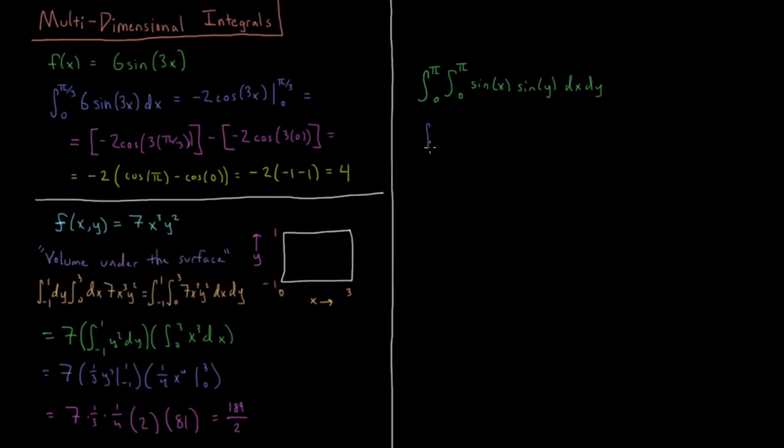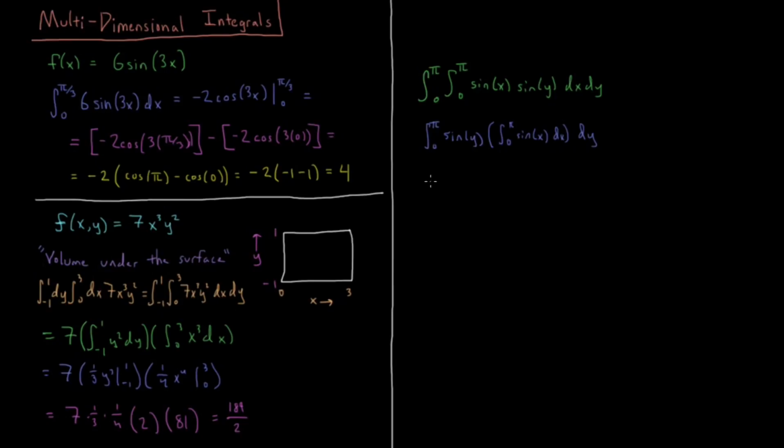So what I'll have is still the integral from 0 to pi. So the integral of sine is going to be minus cosine. So I still have my sine y part because that's a constant with respect to x. I can factor that out. Then I have integral 0 to pi of sine x dx dy.